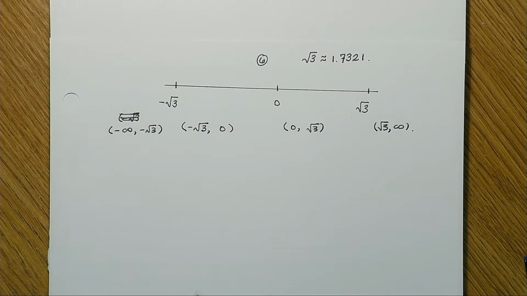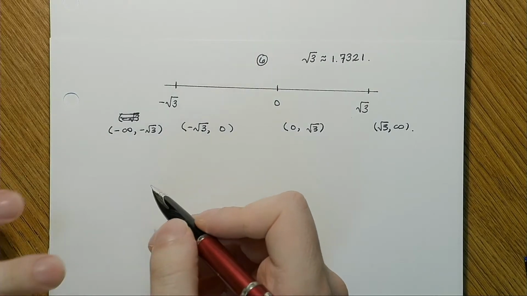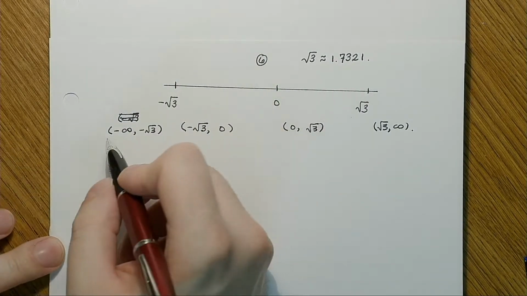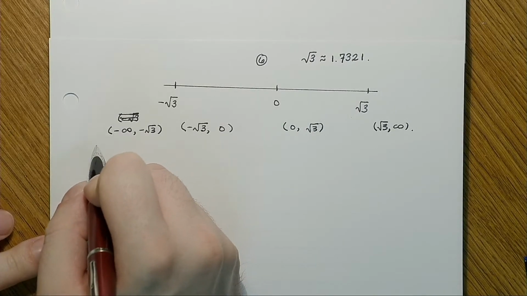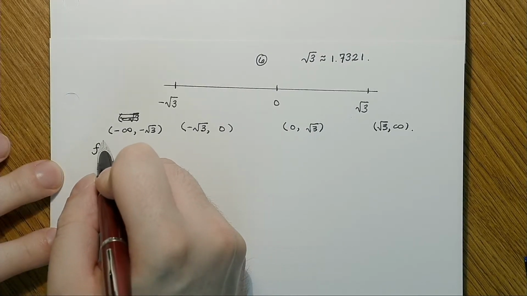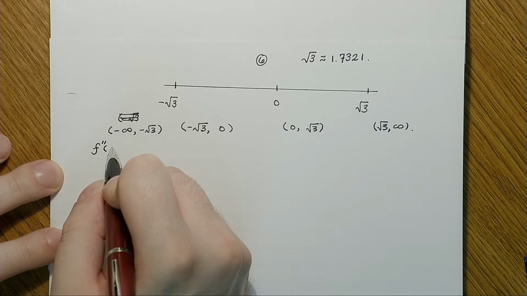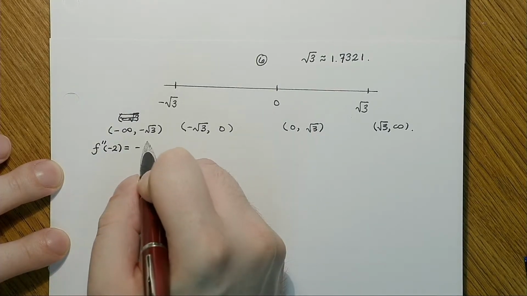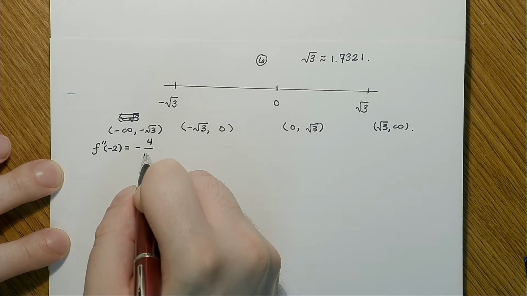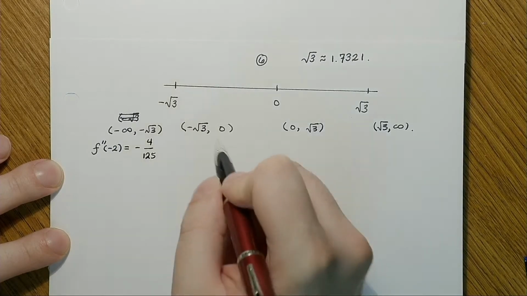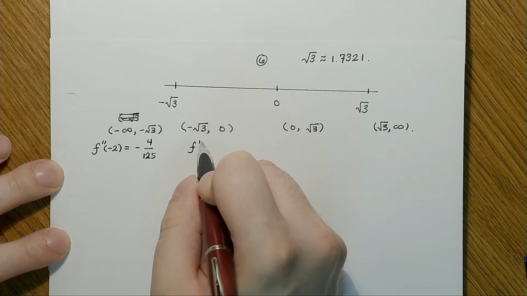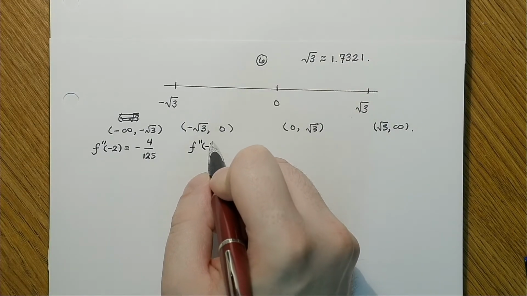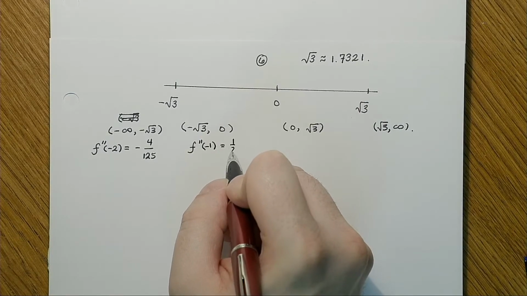Okay. So we are running short, I have like a minute and a half, so I'm going to do this really quickly. I'm going to substitute in my values, minus 2, and what I get from that is 4/25. I can substitute in this value here, which is minus 1, and I get a half.